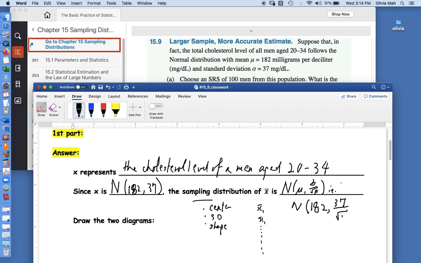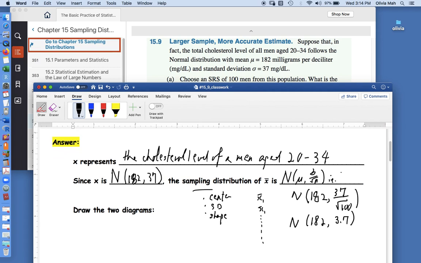So n is 100. If you use your calculator, this will be 3.7. This is how you determine the sampling distribution of the sample mean. The center of all these sample means is still mu, but the standard deviation is not sigma anymore. It's sigma divided by the square root of n.